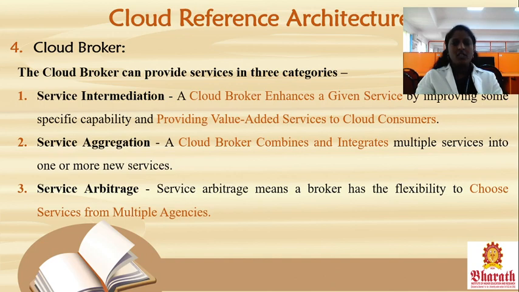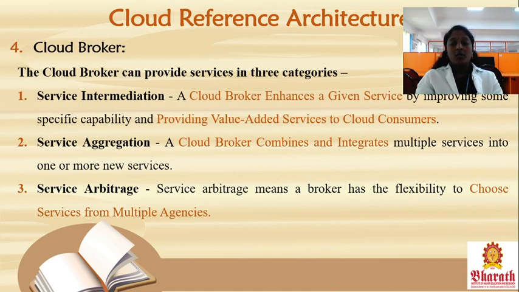And aggregation is, as I said, there will be multiple plans on the cloud, so the cloud broker can combine those multiple plans and create one plan that is more suitable for the cloud consumers. They can take advantage of two or more plans. And arbitrage just means that a broker has the flexibility to choose services from multiple agencies. Not only that, they have different plans from a particular cloud provider, they also have the flexibility to choose from different cloud providers.